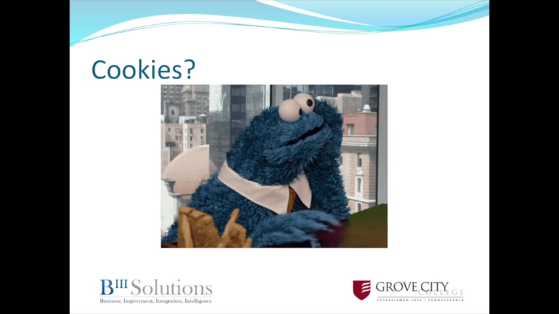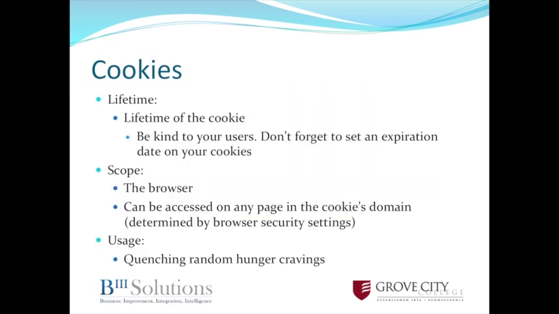Now we're going to talk about cookies. What is the lifetime of the cookies? Well, just like caching, the lifetime of a cookie can be variable as well. Cookies can expire whenever you want them to expire. We do, however, encourage you to be kind to your users.